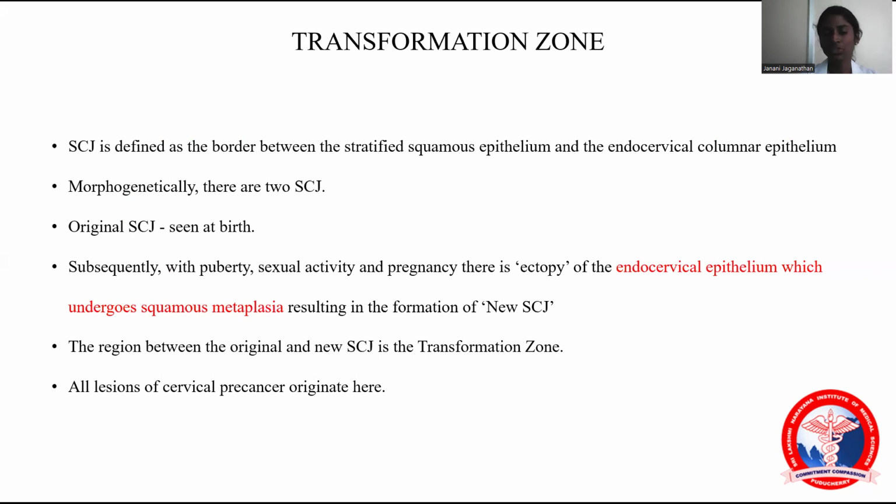Subsequently, with puberty, sexual activity, and pregnancy, there is ectopy of the original squamocolumnar junction, that is the endocervical epithelium, which undergoes squamous metaplasia, resulting in the formation of a new squamocolumnar junction. The region between the original and the new squamocolumnar junction is called the transformation zone. So all precancerous cervical lesions as well as cancer cervix originate from this transformation zone only.